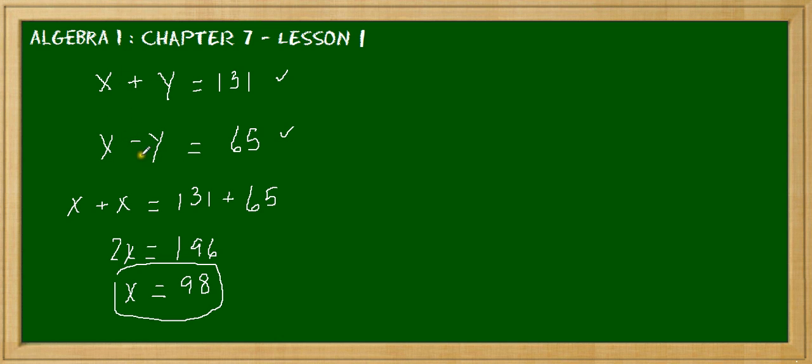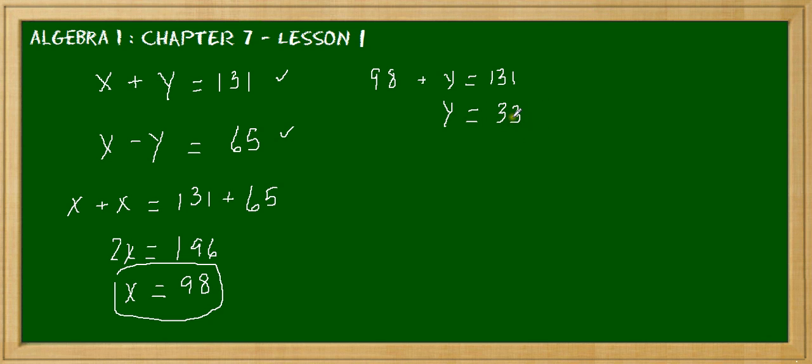So I can go back into either of these two equations, and let's take the first one and simply put in the value of 98 plus y is equal to 131. And we now can just subtract 98 from each side, right? And what will we get? y is going to be equal to 33.